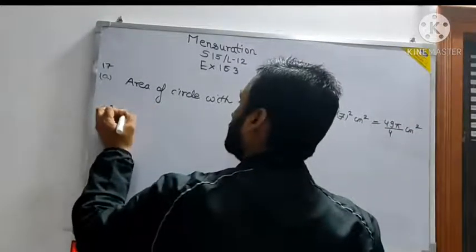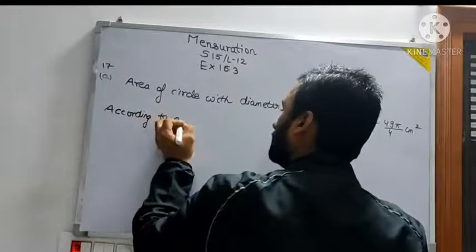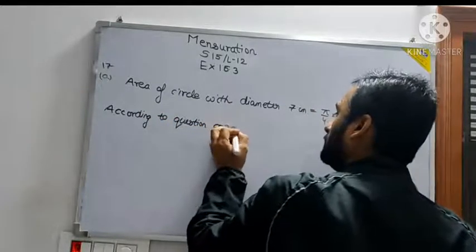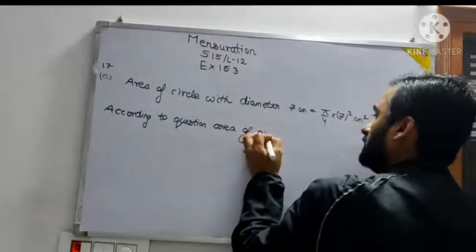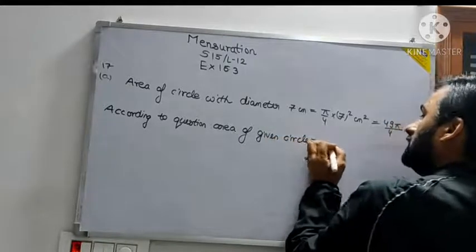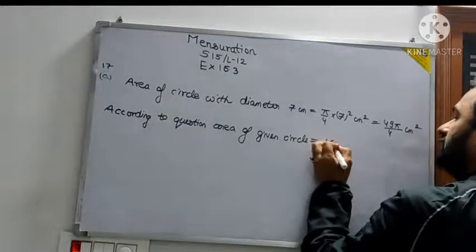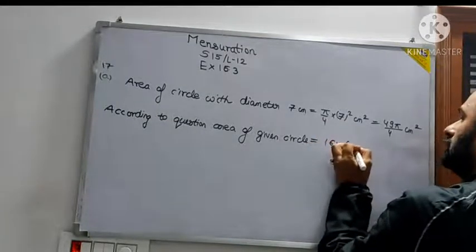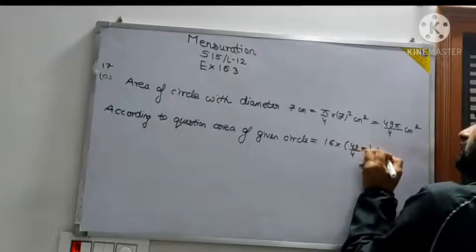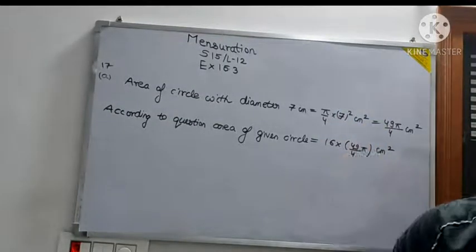So according to the question, area of the given circle is equal to 16 times into 49 by 4 pi centimeter square. See that the given circle's area is 16 times, so 16 into the area of this.